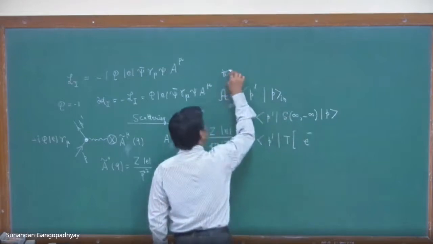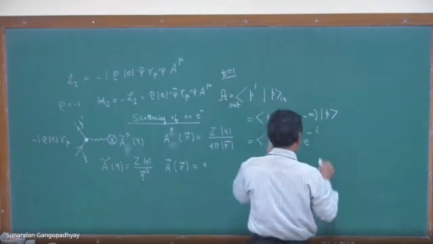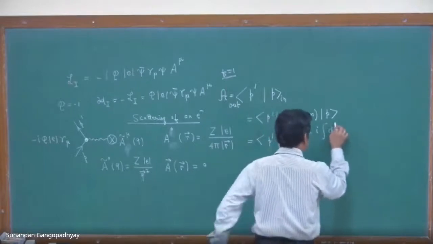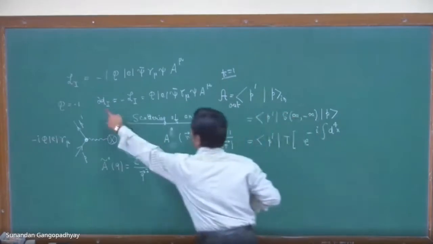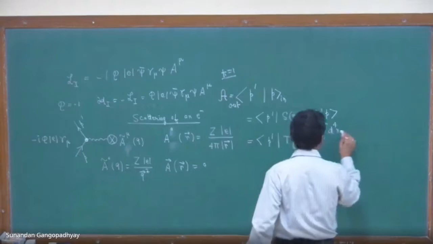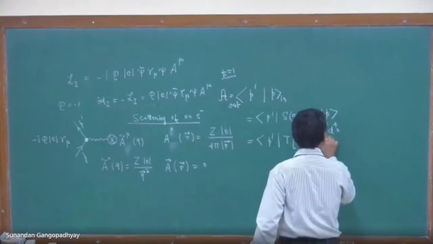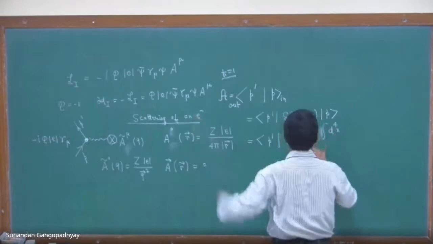We shall set H1 equal to 1, so we don't worry about that. Then you have H_I, which involves Q, where Q is minus 1 for an electron.